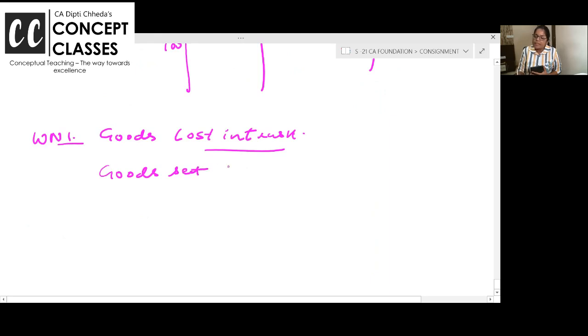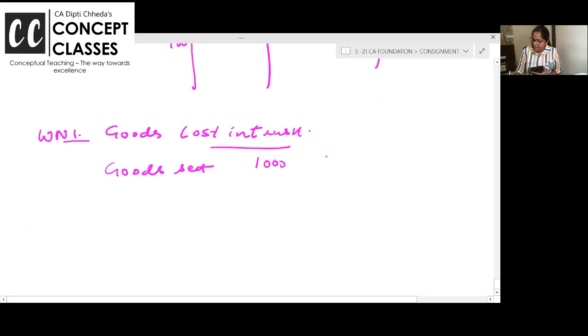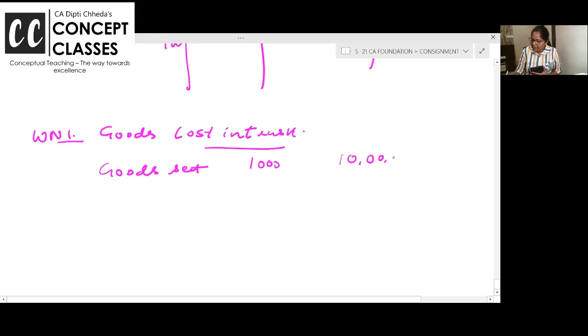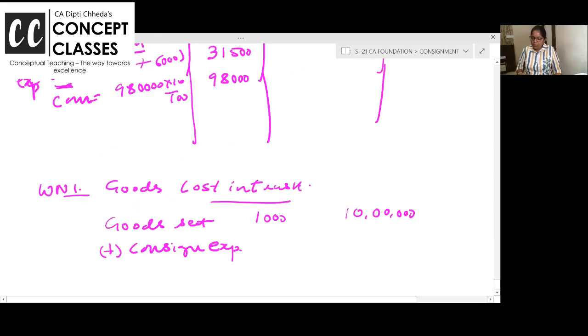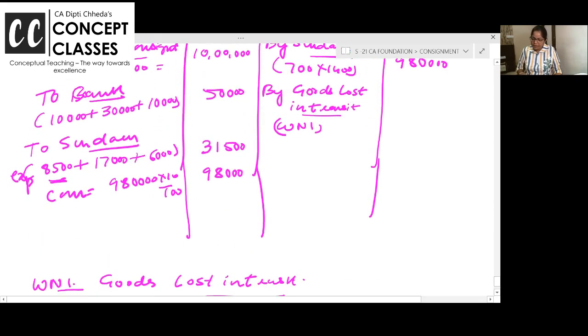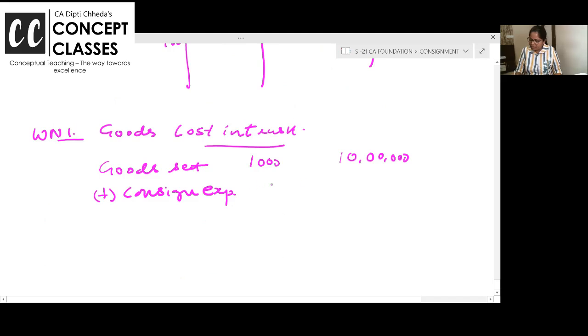Goods sent: how many goods have we sent? 1,000 cases of 10 lakh. Are you all writing with me? Valuation: 1,000 units of 10 lakh. Consignor's expense: we will take the consignor's full expenses. How much is it? 50,000.